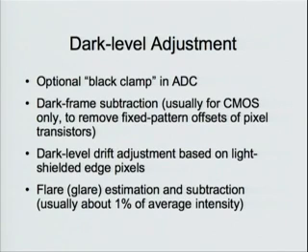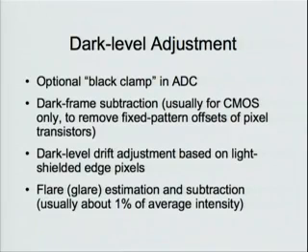Very often you have a step called dark frame subtraction, especially with CMOS sensors, because with CMOS each one of the pixel sensors itself has a transistor with an offset or a drift, a flicker noise, and so on that moves its zero around. So you get these fixed patterns due to the transistor offsets, and if you capture a dark frame and an image frame and do the difference between them, those will cancel out.